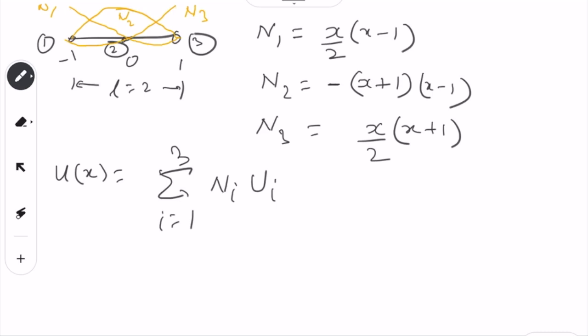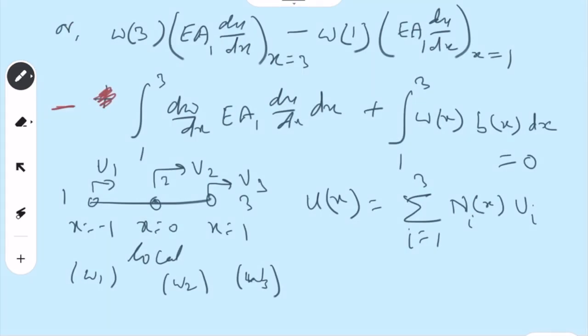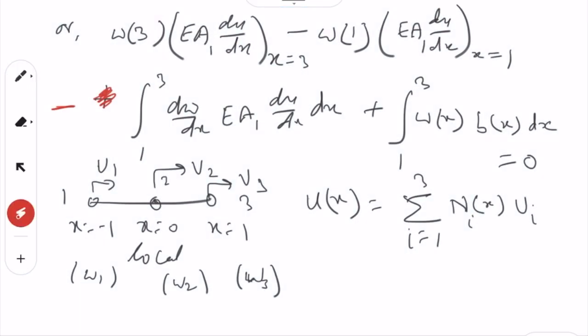And hence w(x) we can write of the same form, from i equal to 1 to 3, N_i w_i, big W_i. That means we can find these equations accordingly.